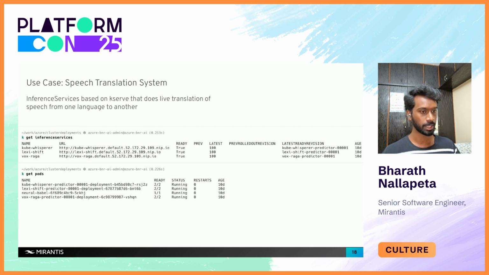And then there is a pipeline application, Noodle Babel, right? InferenceService spawns up pods. And what this is going to do is translate speech from one language to another, right? So as you can see, I just need to deploy the InferenceServices and that automatically spawns the pods.